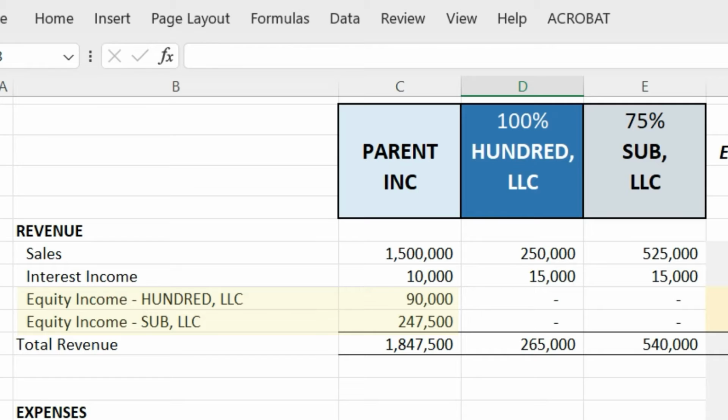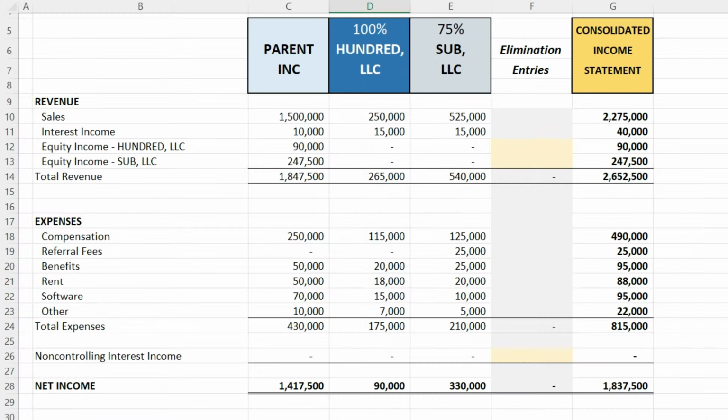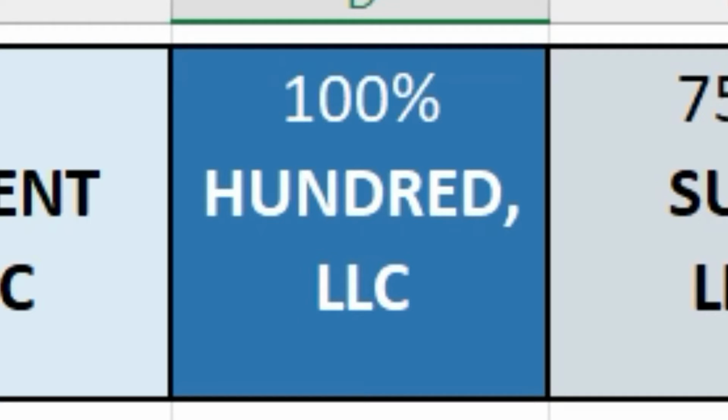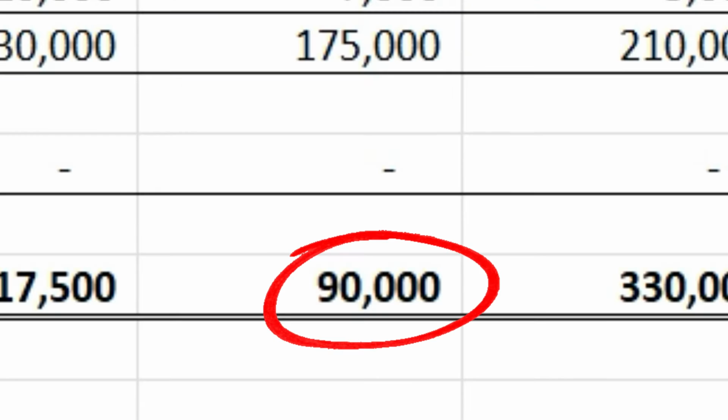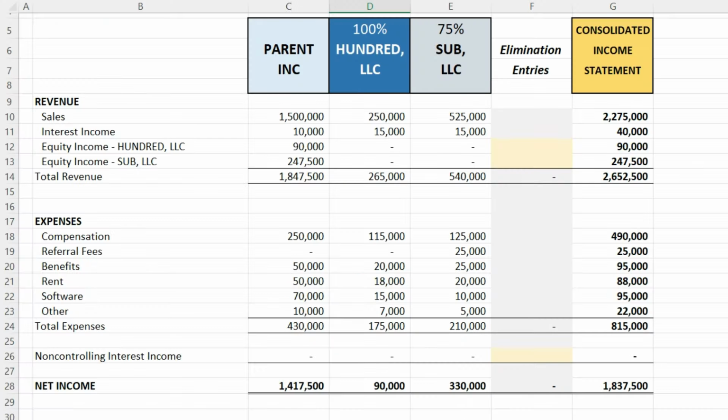Income statement is where the equity income, that is the pro rata portion of earnings or net income related to ownership in the subsidiaries. So you'll see equity income of 100 LLC, go down to the net income of 100 LLC. You see it's 90, so since it was 100%, it's going to recognize $90,000 of net income or equity income.